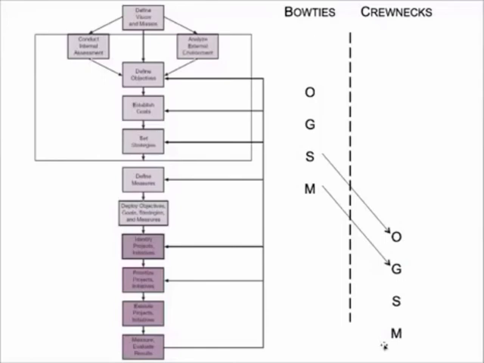So as we move forward with the semester, I want you to keep in mind that with any decision, there's always going to be the bow ties, there's always going to be the crew necks, and typically, as was mentioned in the first chapter's video, it's the manager's job, both the business managers and the IT managers, to help bridge this gap between strategic planning and the actual operational implementation of that strategic plan.